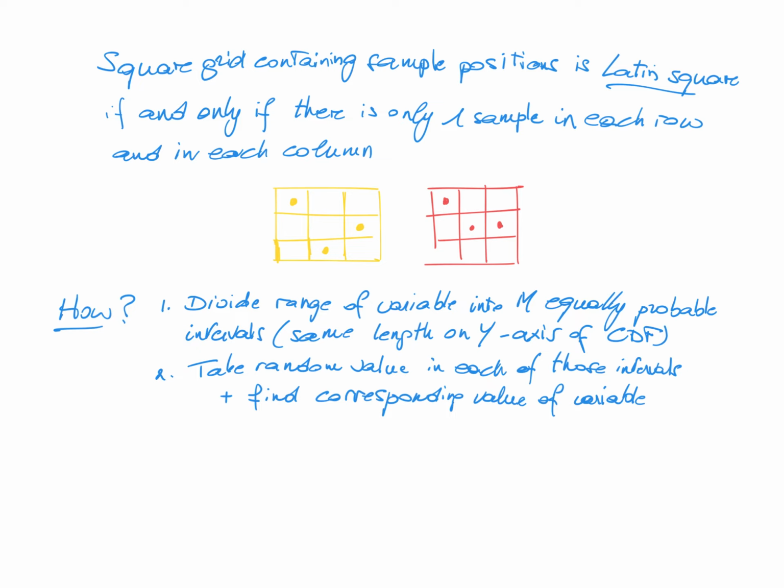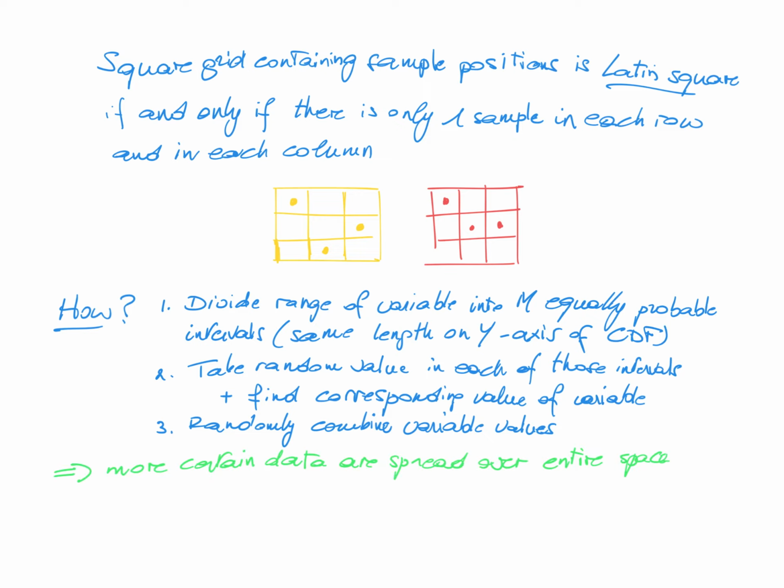This gives us, for example, 4 values of my first variable, 4 values of my second variable, and then we randomly combine the values of the first one with the values of the second variable. Of course, each of the sampled variable values is only used once, otherwise you will not get a Latin hypercube.